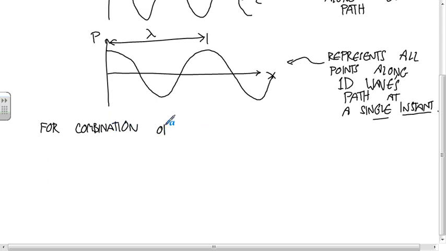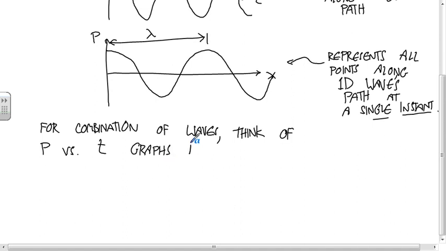For a combination of waves, think of position versus time graphs for a single point along the wave's path.